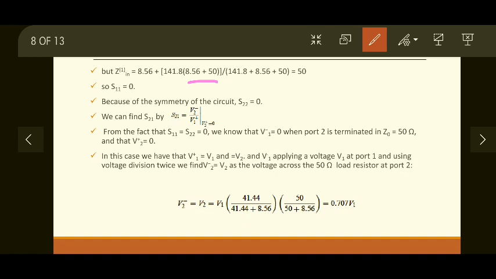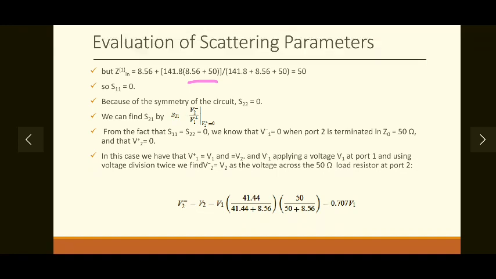This is the series combination of 8.56 and 50 ohm. It is in parallel with 141.8. If you calculate this at your own pace, it comes out equal to 50 again. So that means the input impedance is also 50 and the characteristic impedance is also 50.